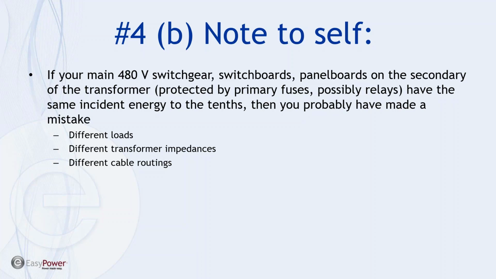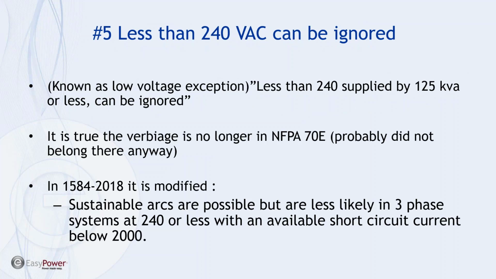The point being, different loads on adjacent panel boards or adjacent switchgear, different transformer impedances if we're using different substations, different cable routing, all will affect what the incident energy on that switchgear and the 480 distribution system will be at the top. And so if you have exactly the same number, then you need to go back and check your work. Again, we run into that more often than you think.